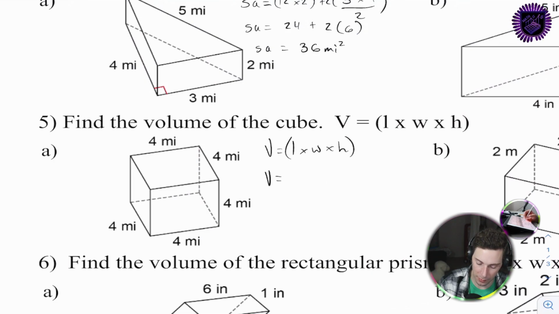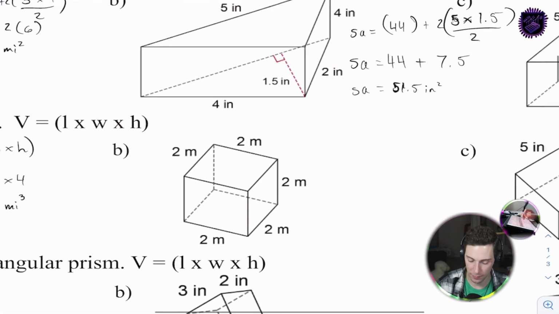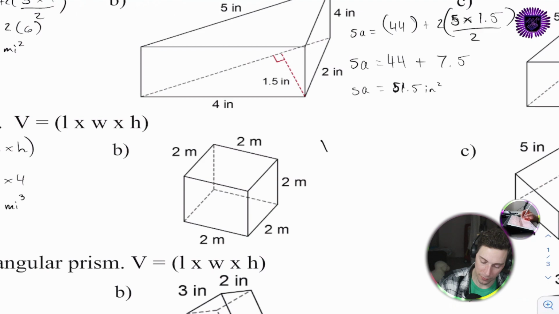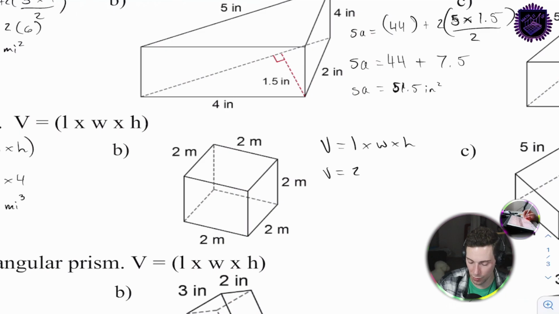So volume is going to be equal to 4 times 4 times 4. And that means the volume for this shape will be 64 miles cubed. Volume for the shape will be equal to the length times the width times the height. So volume will be equal to 2 times 2 times 2.